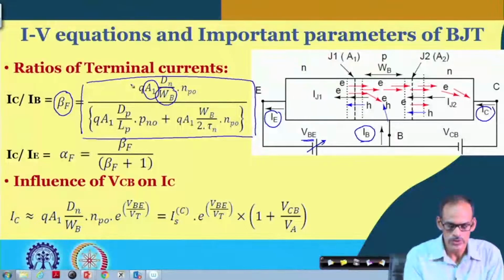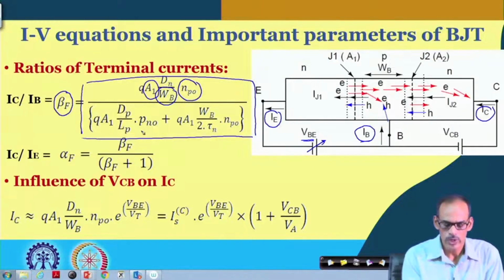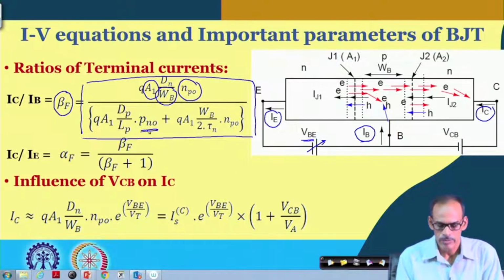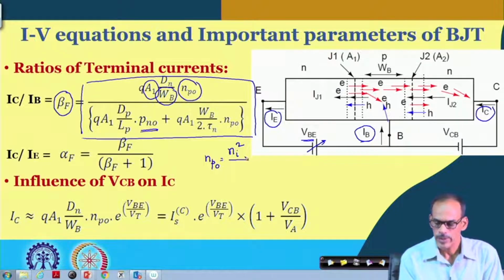In fact, we can also see that it is a function of NP naught, which is the minority carrier concentration in the base region. Likewise, we also have the minority carrier concentration in the emitter region. NP 0 is nothing but Ni square, the intrinsic carrier concentration squared, divided by Na, the acceptor concentration in the base. So this corresponds to the base region.